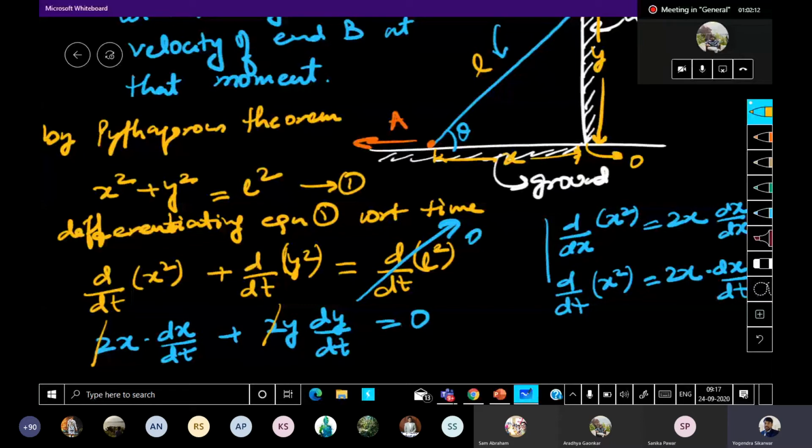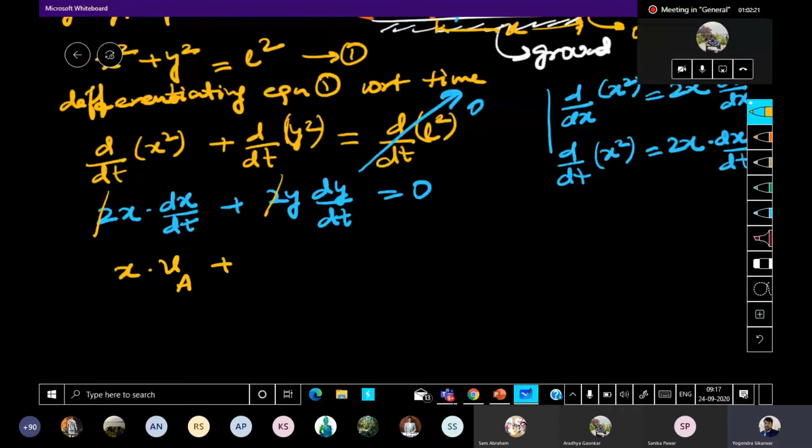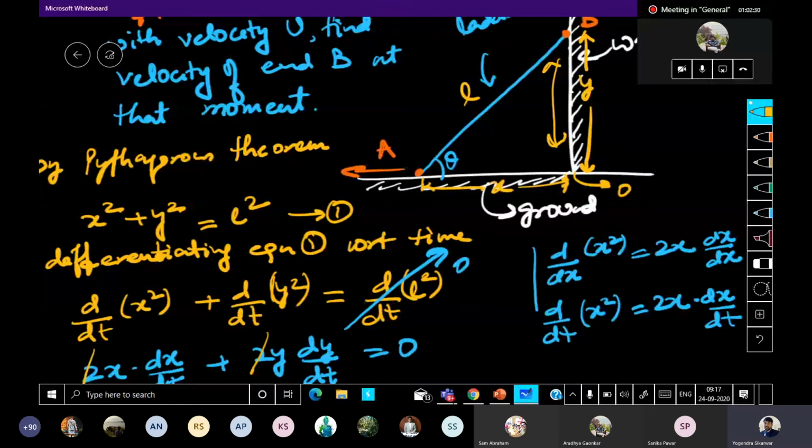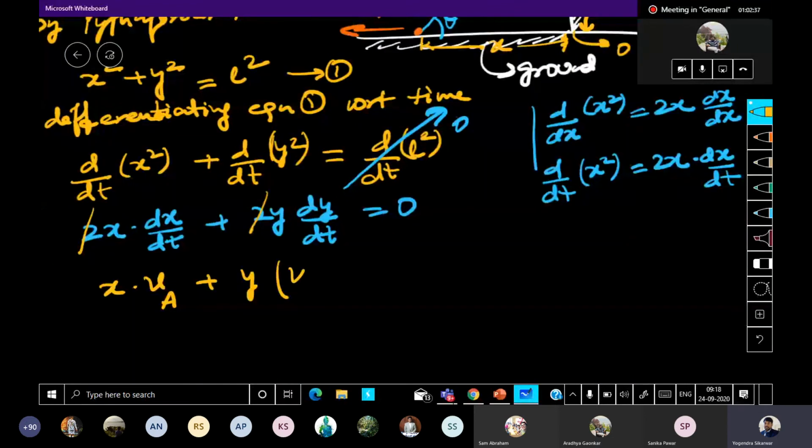So x into VA plus y into dy by dt, similarly, is rate of change of this, so that will be VB, and that is equal to 0. So that gives us VB is equal to minus x into VA upon y.